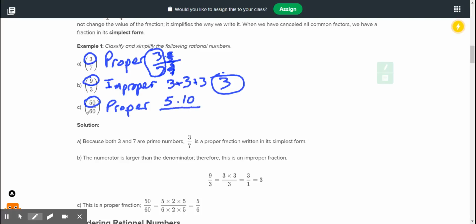And to make 60, that's the same thing as 6 times 10. Well, both of them have 10s. I can eliminate those. So 5/6 is the lowest form, or when I simplify it. I can't make it any simpler than 5 times 6.